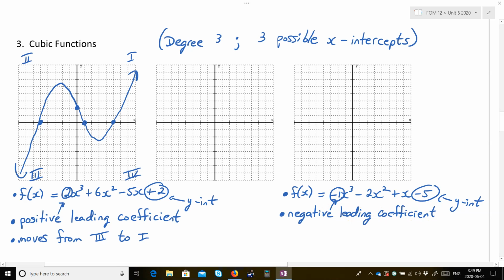And when that happens, the graph goes like this. Okay, see how in general the graph moves down as you go to the right. And we can say it moves from quadrant 2 to quadrant 4.